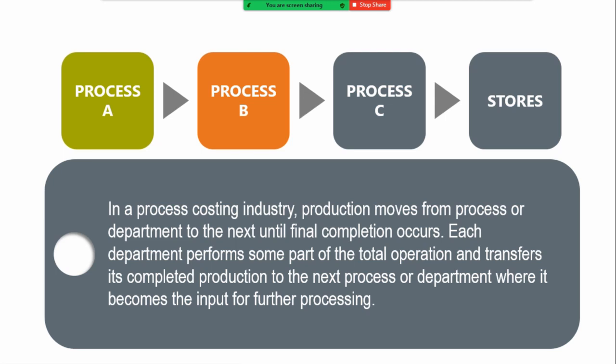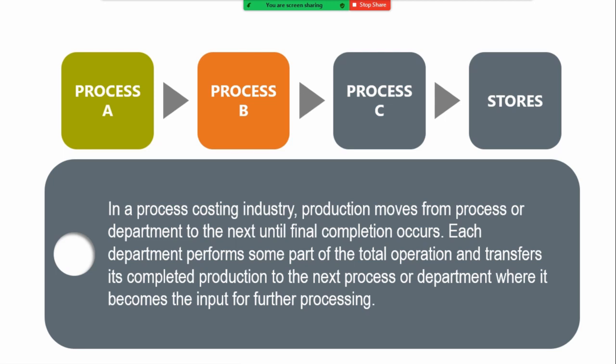Now each department or process performs some part of the total operation and transfers its completed production to the next process or department. And in the next process or department, the work in progress becomes the input to further processing.